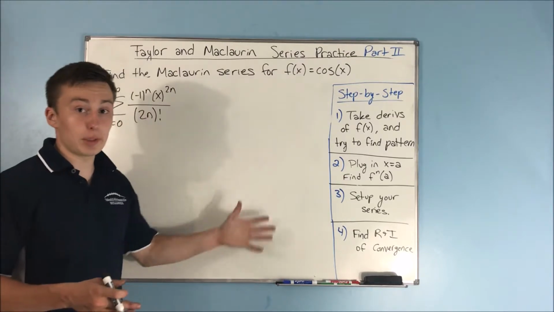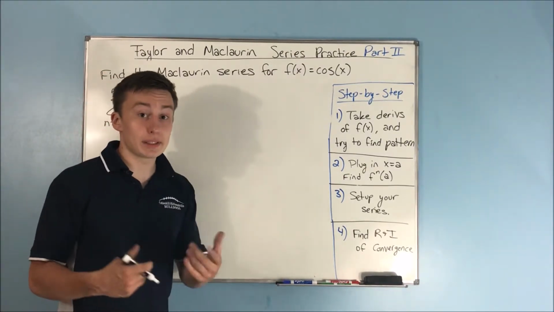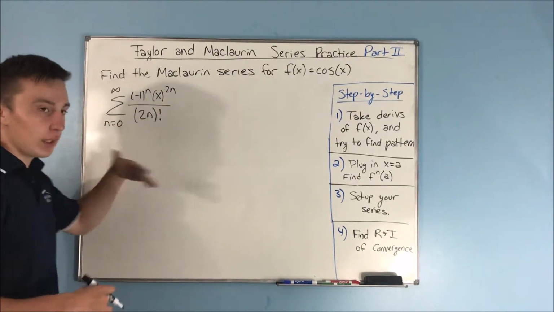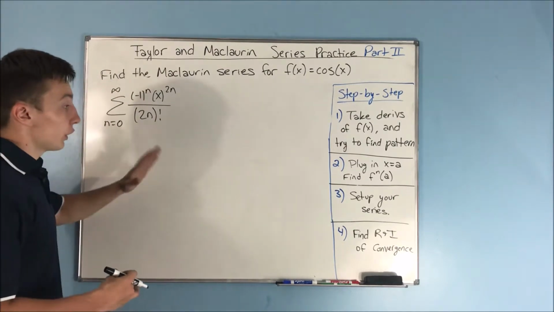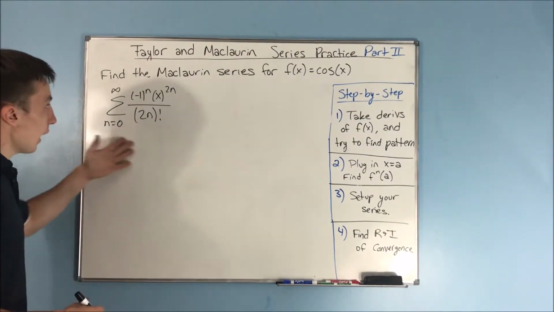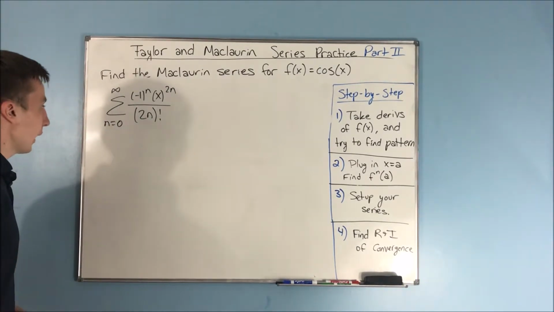We changed the series completely by getting rid of the n equals 1 and the n equals 3 terms because they were 0. So we kind of had a new series here, but I didn't want you to get confused with the variables, so I had k equals 0 instead of n equals 0. Now we don't have that problem because we're not dealing with two series at once. So I'm putting it back into n equals 0.